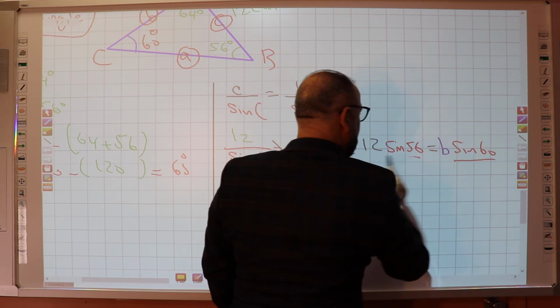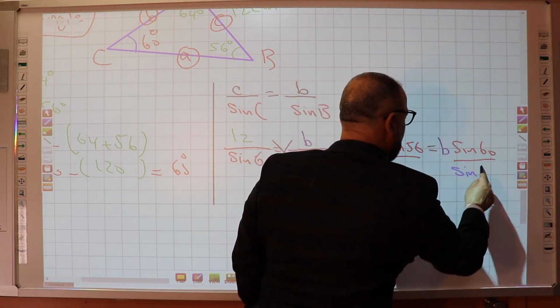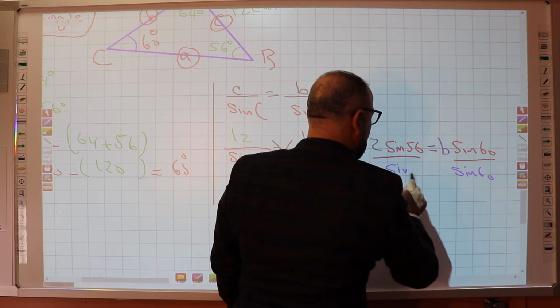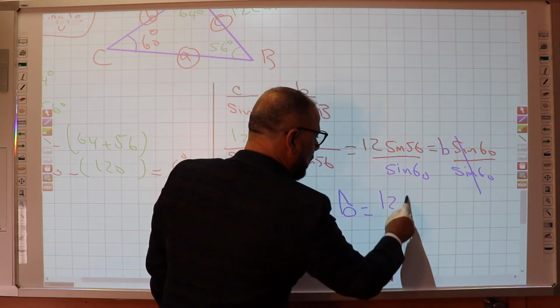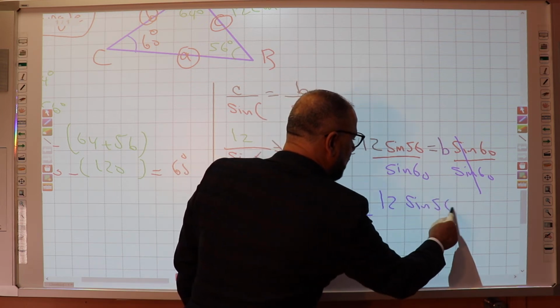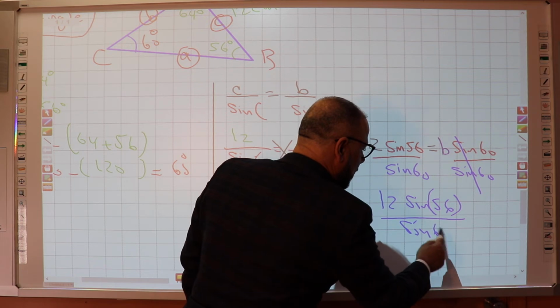Divide both sides by sine 60. Use your calculator. B equals 12 sine 56, don't forget the parentheses, over sine 60.